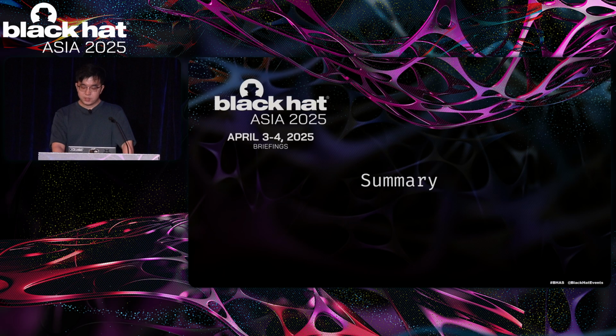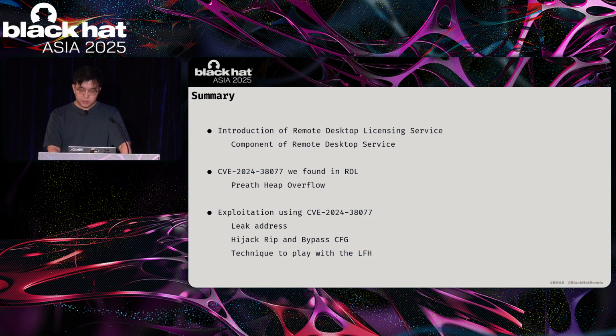Finally, this is the summary part. In this presentation, we started by introducing the Remote Desktop Licensing service, a key component of Remote Desktop Services. We then explored CVE-2024-38077, an unauthenticated heap overflow vulnerability in the RDL service.